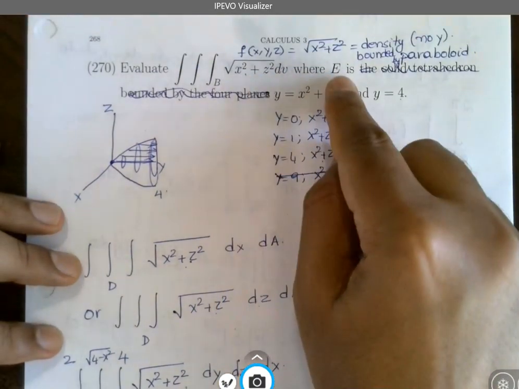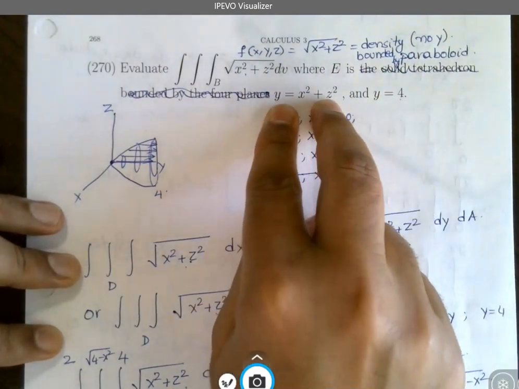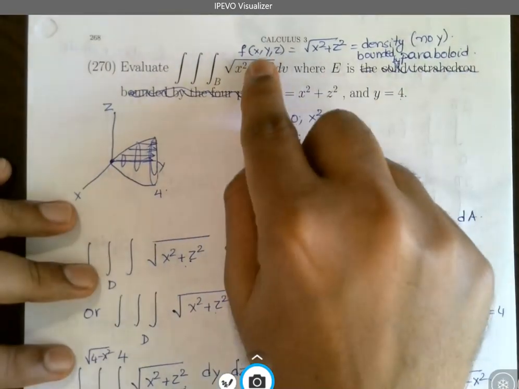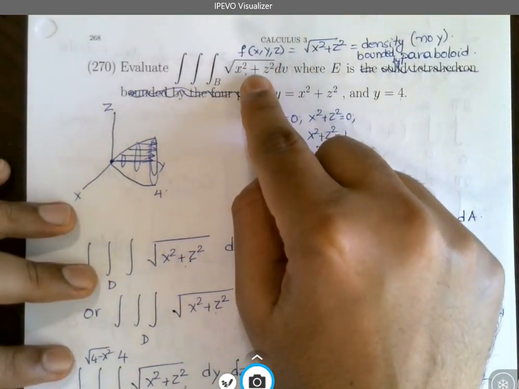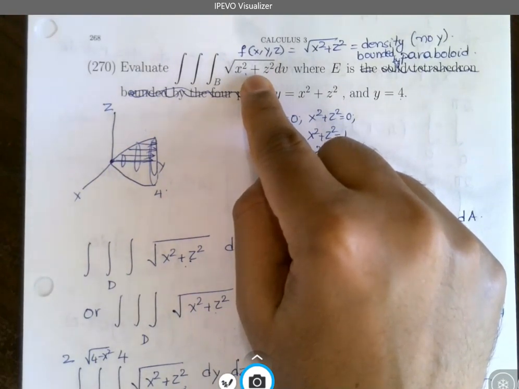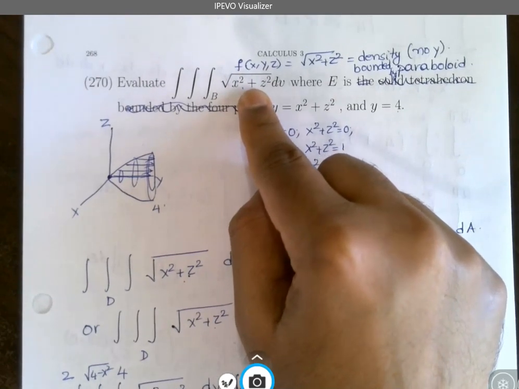Here E is the region bounded by the paraboloid, which is that, and y equals 4, which is that. The first thing I want you to observe is that the integrand f is not 1, so the final answer will represent the mass, not the volume. Don't think you're evaluating the volume.